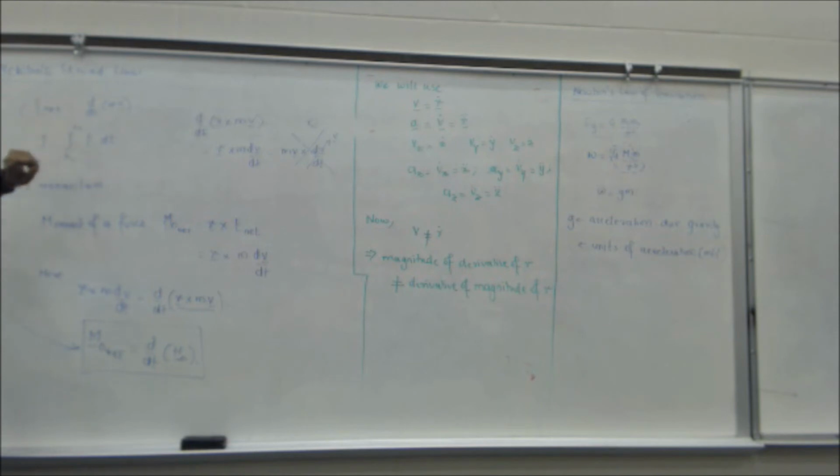How is force defined? Newtons, right? So Newtons is what? Kg meter per second squared, correct? So it is a per second quantity, it is a rate. Impulse is a net impact.